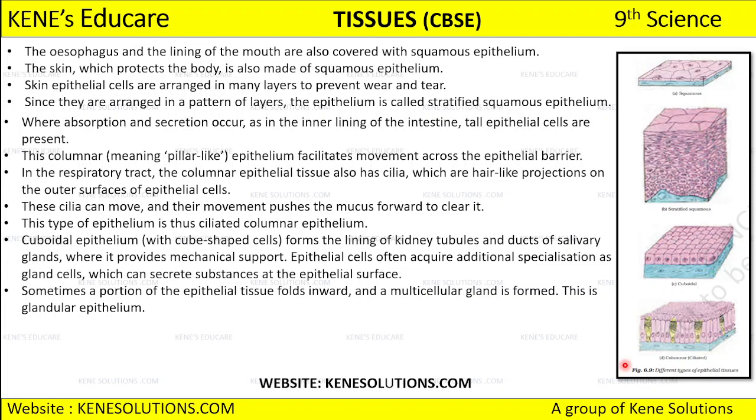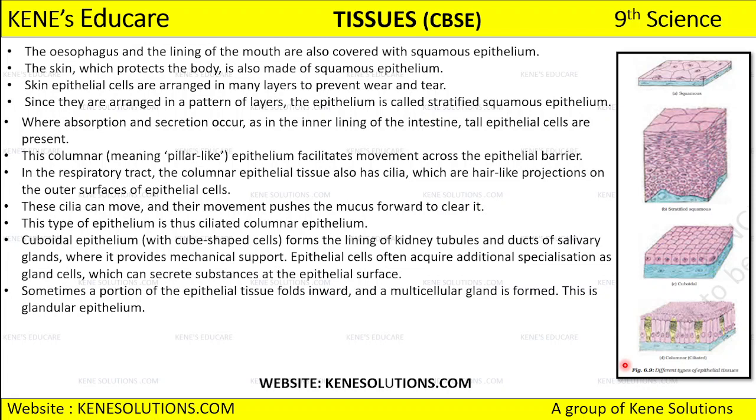So cilia are hair-like projections that appear on the outer surface of the epithelial cell. What are cilia? Hair-like projections present on the outer surface of epithelial cells, and these cilia can move, and that movement is going to push the mucus forward so that it can get cleared. This type of epithelium we call ciliated columnar epithelium.